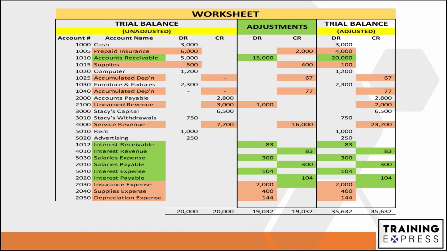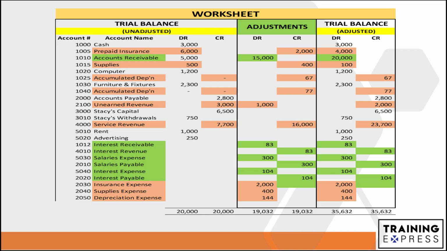And then accordingly, in the final adjusted trial balance, you can see prepaid insurance is $6,000 debit minus $2,000 credit is equal to $4,000 debit balance. Similarly, at the bottom, insurance expense $2,000 debit balance will become $2,000 as it is.